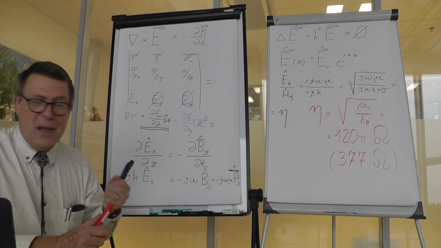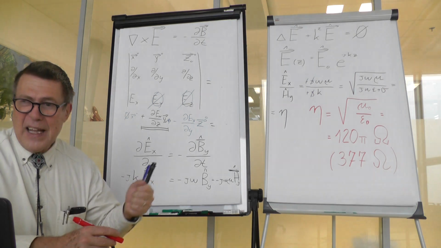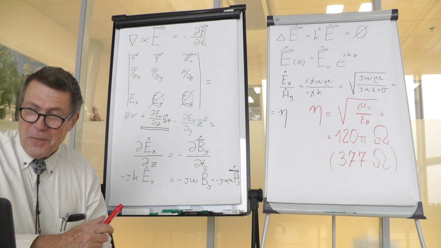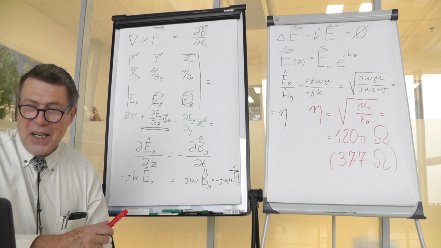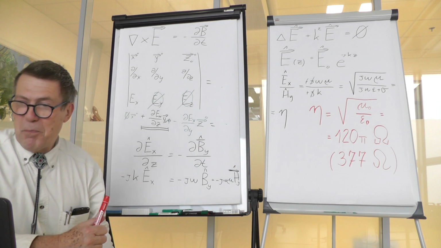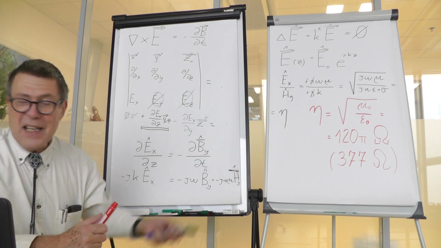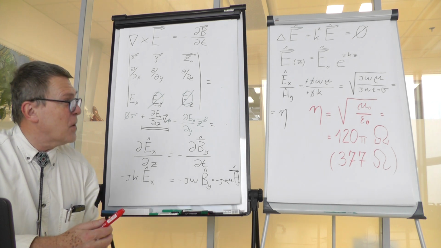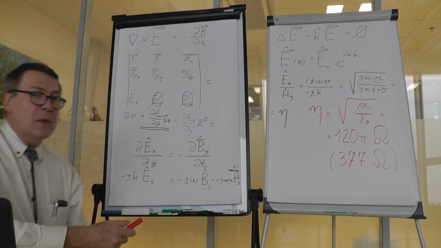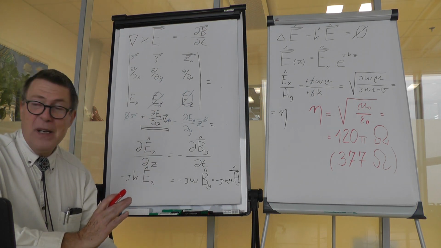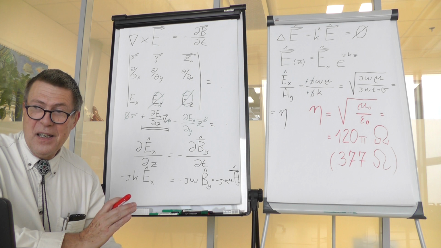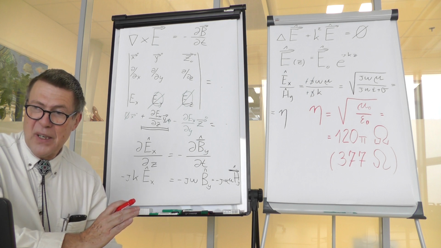So, first important point, electric field and magnetic field are perpendicular in a plane wave. They are not independent. They are governed or bound by the free space impedance, which has a fixed value for vacuum and of course could be calculated using this equation for other media. So this is an important point. We have discovered that there is a plane wave which has a fixed ratio between its components.